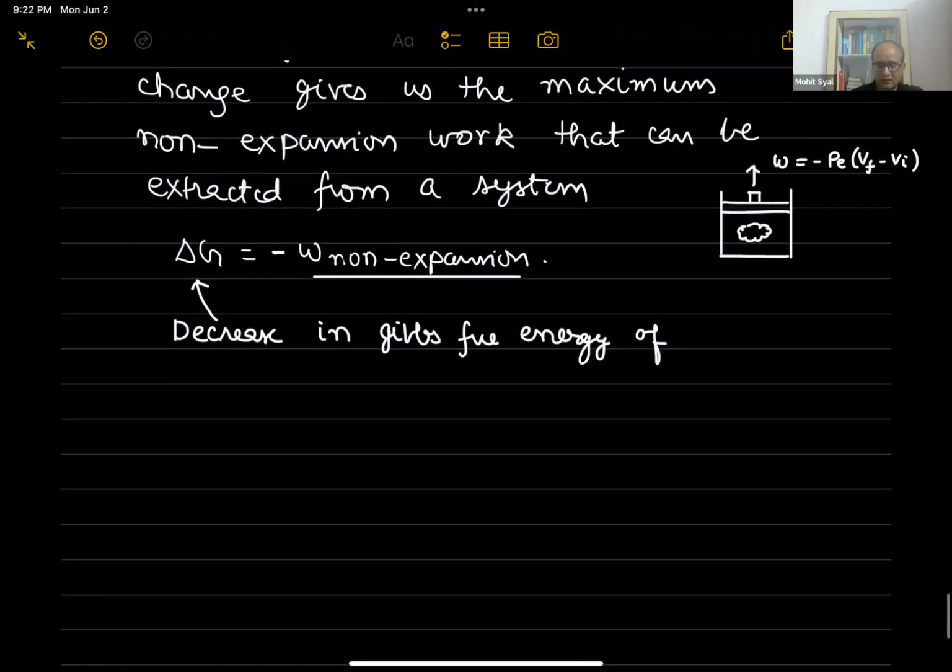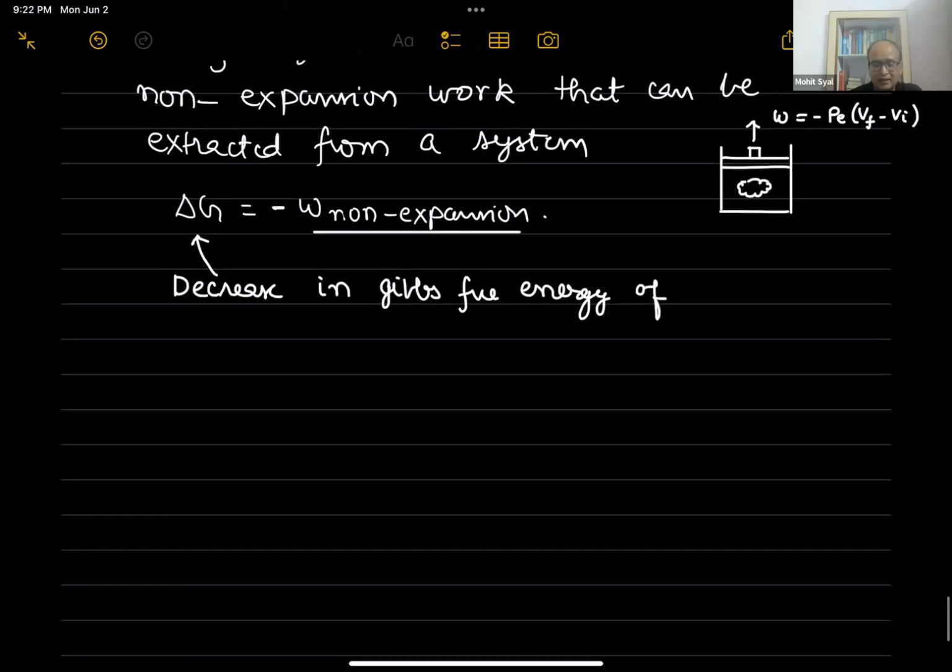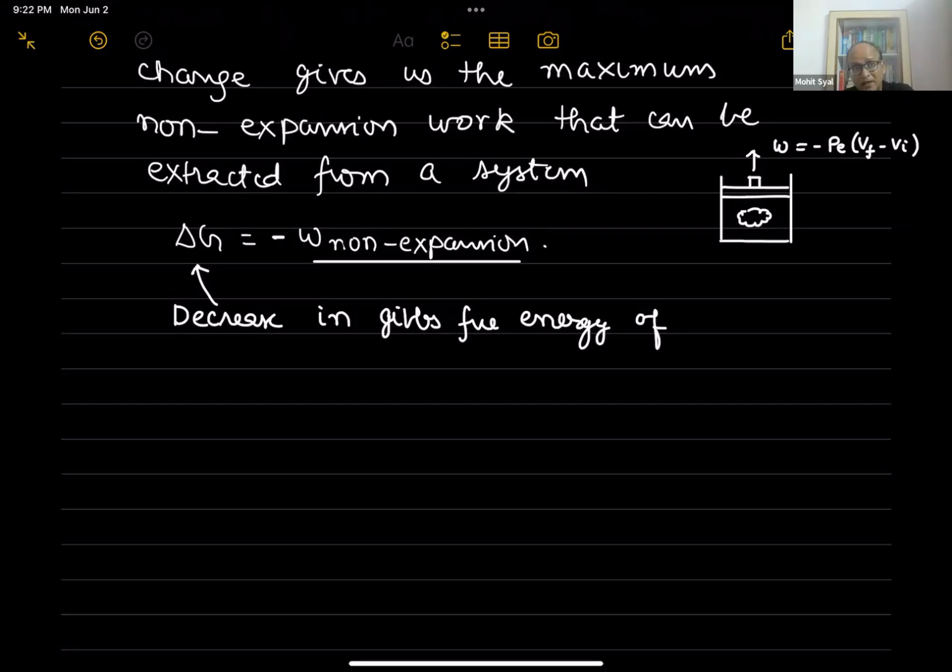So that is non-expansion. It is a redox reaction happening in a cell or a battery, with the transfer of electrons.